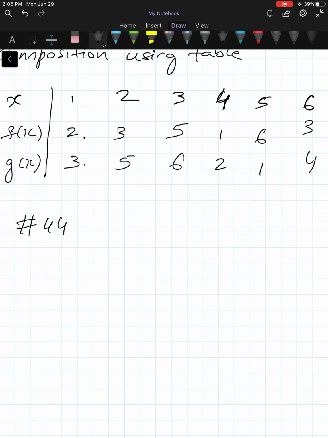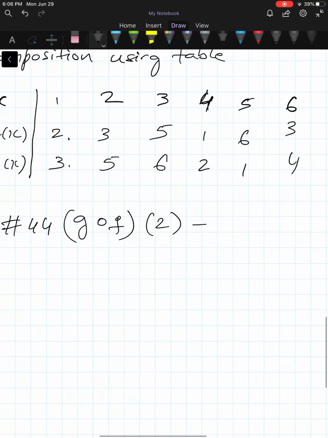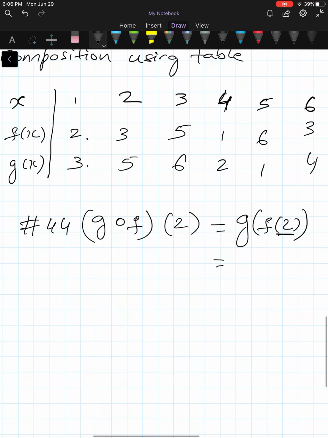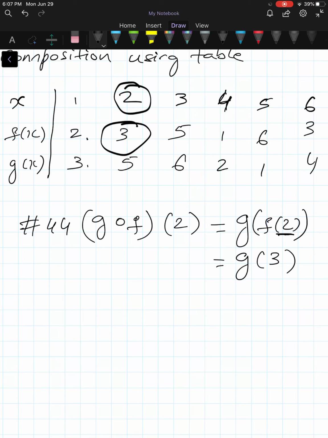So this is problem number 44 in the book. g composed f, calculate this, g composed f of 2. So this would be nothing but g of f of 2. So what is f of 2? That is, when x is taking the value of 2, what would be f of x? That is in the second column. So when x is 2, f of x is 3. So g of 3.